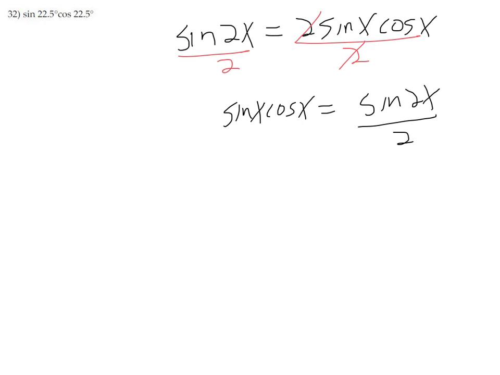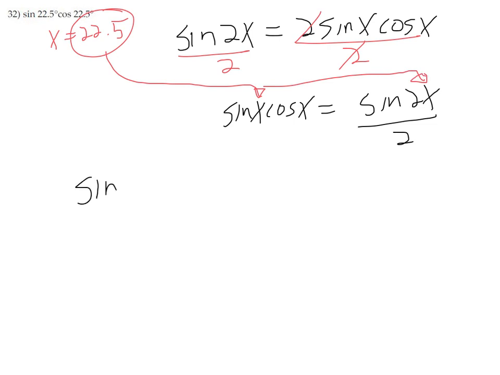So in this problem, sine x cosine x, x equals 22.5. Let's write that down. X equals 22.5. And this value is going to end up on the other side as sine 2 times x over 2.